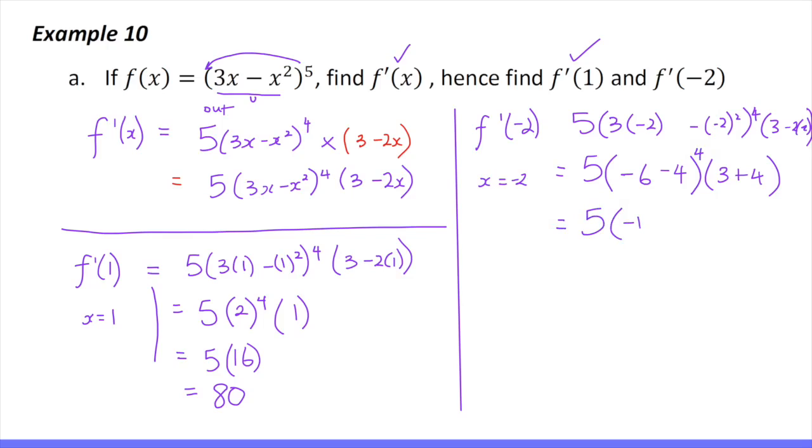Negative 6 minus 4 is negative 10. Negative 10 to the power of 4 is going to be quite a large number. That will be 10,000. To the power of 4 means there's going to be 4 zeros, and because it's an even power, the negative will disappear. So 5 times 7 is 35, and 35 times 10,000 will be 350,000.